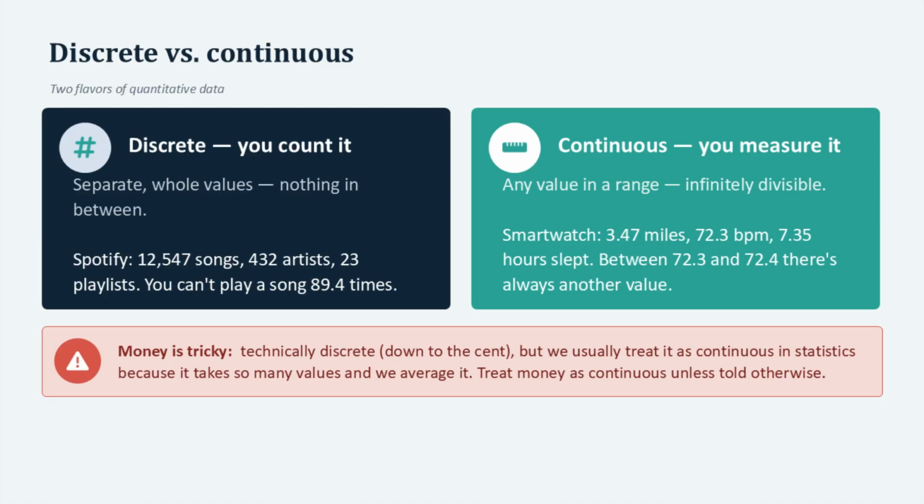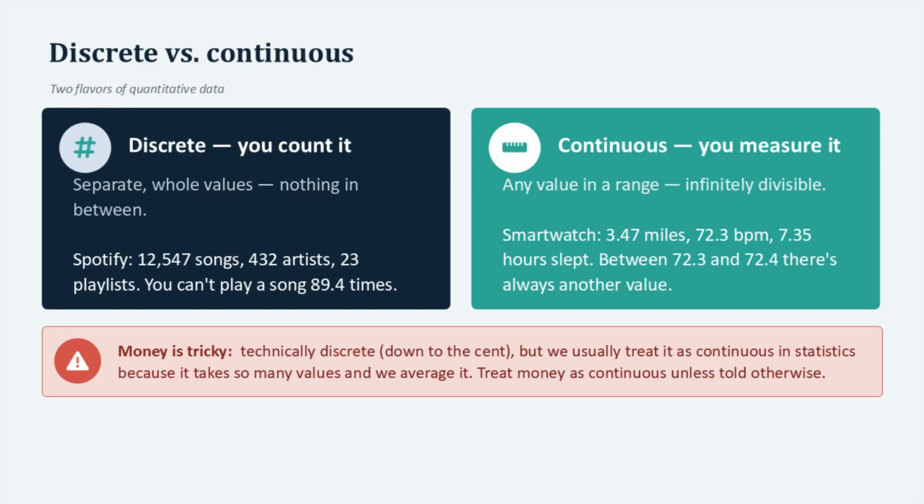And here's what makes this continuous. Between 72.3 and 72.4, there is always another possible value. There could be 72.35 or 72.351. And we could keep going. The only real limit is how precisely our device can measure. That's continuous data. Think measurable.